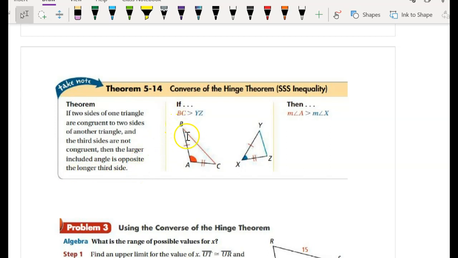So if I can say that BC is larger than YZ, then I know that the measure of angle A is larger than the measure of angle X.